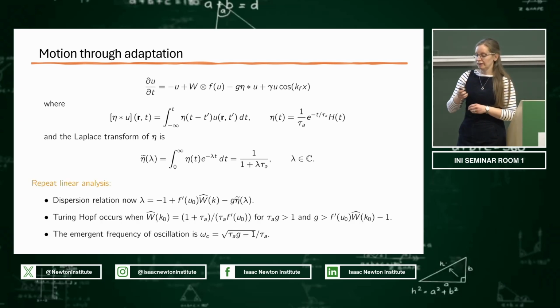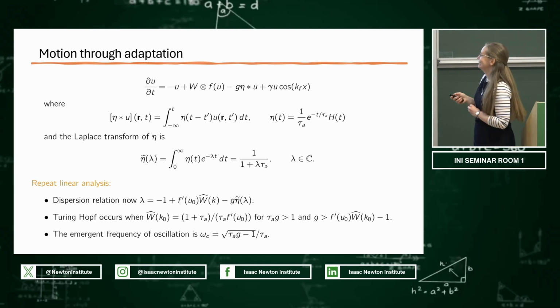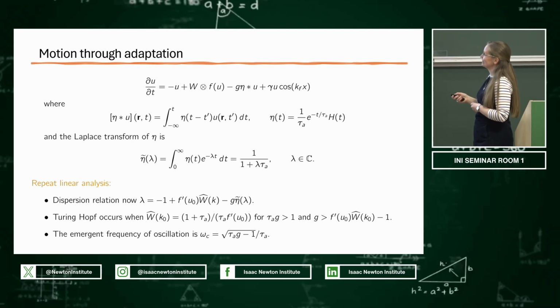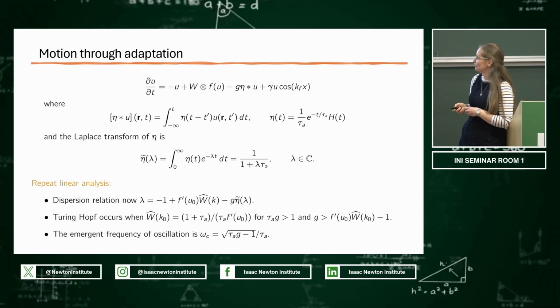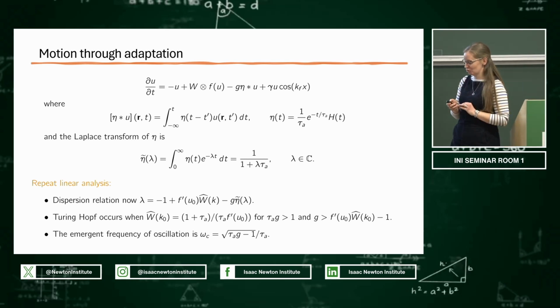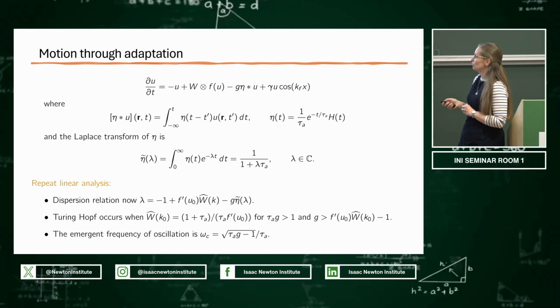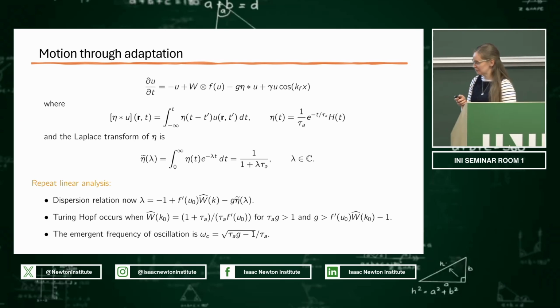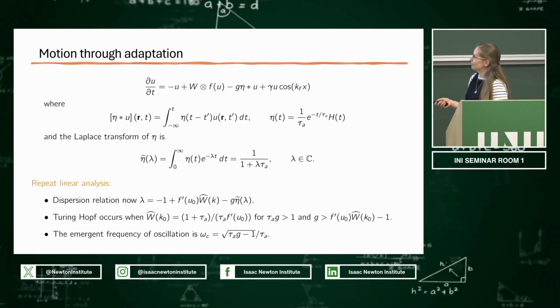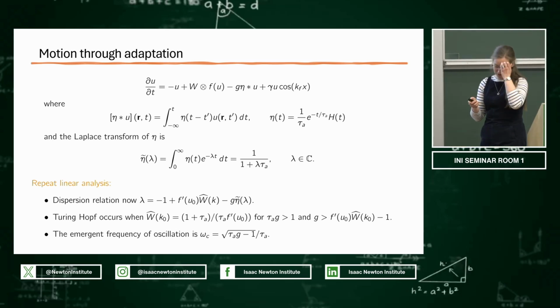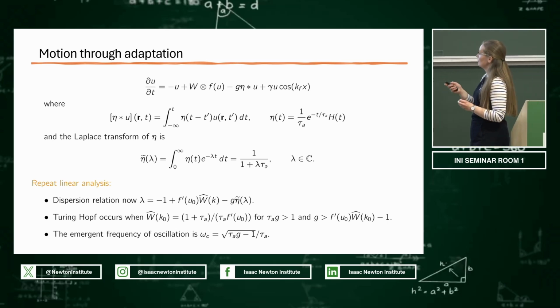Right, so we repeat everything. We find our new dispersion relation, which now has this eta of lambda over here, and so now we can get complex eigenvalues, and we can find this Turing-Hopf bifurcation. It occurs for some wave number k0, and we find this emergent frequency of the oscillatory pattern that we get out.